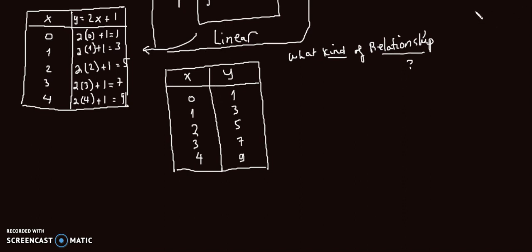It's all about the slope. So let's say you calculate the slope. You find the difference between the two values in x and in y. So here I have delta x, and I make another column for delta y.